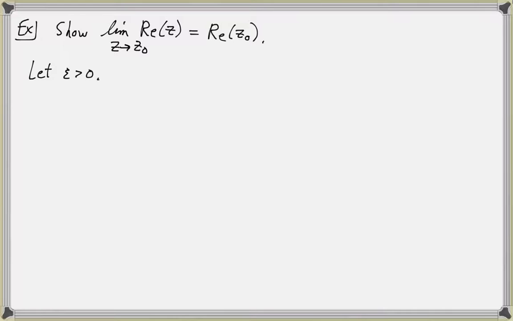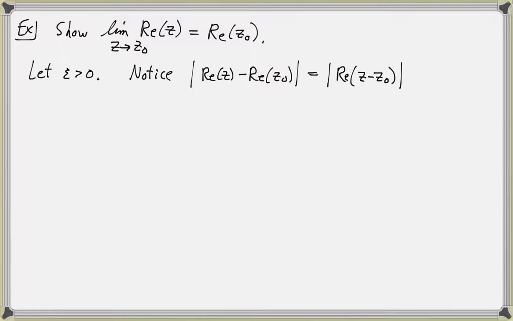Now we're going to have to look at the distances between the real part of z and the real part of z0. So notice that the absolute value of the real part of z minus the real part of z0 can be rewritten as the absolute value of the real part of the quantity z minus z0.